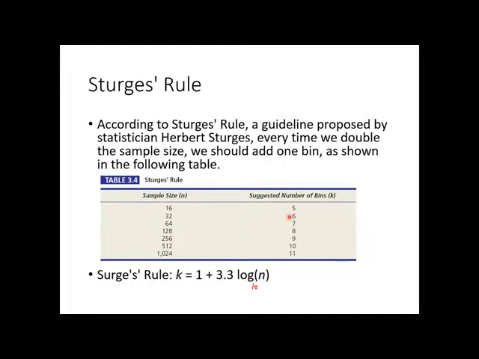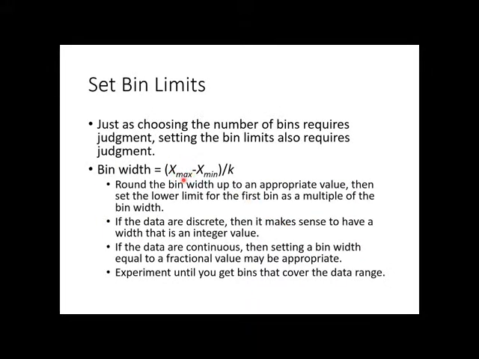So our suggested number of bins would be 6 or 7. Take the maximum value minus the minimum value of our data and divide by the number of bins k, and then we obtain the bin width. Then all the classes have this width.